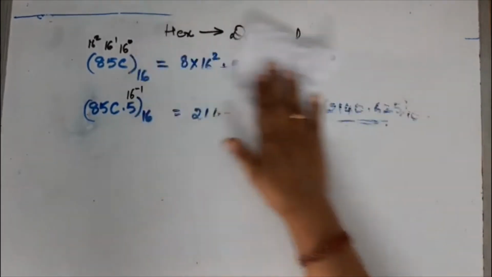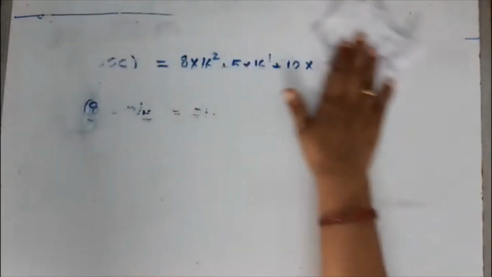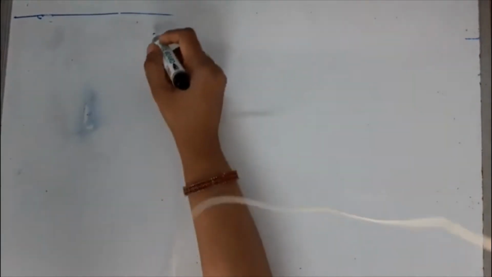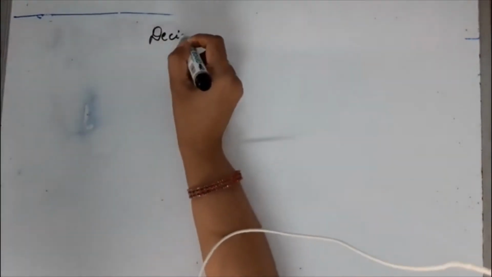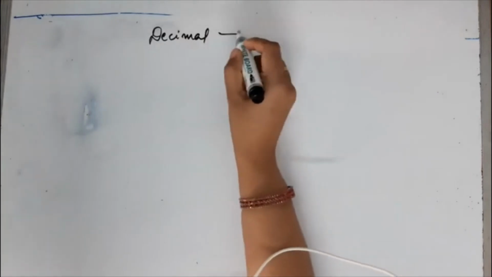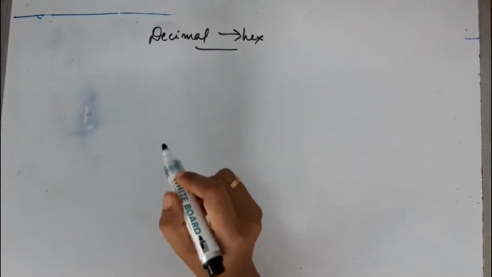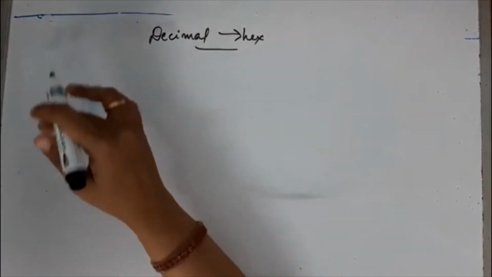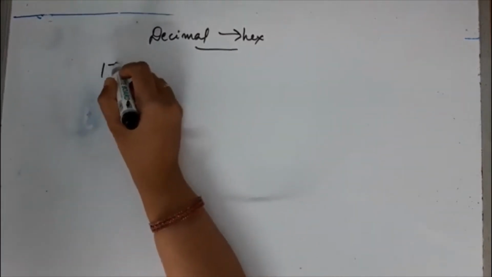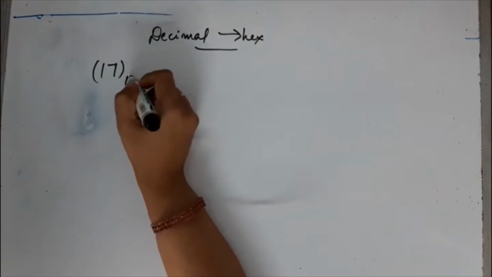Next, we will find the conversion from decimal to hex. So decimal to hex. So in order to convert decimal to hex, suppose we are taking 17 to the base 10.